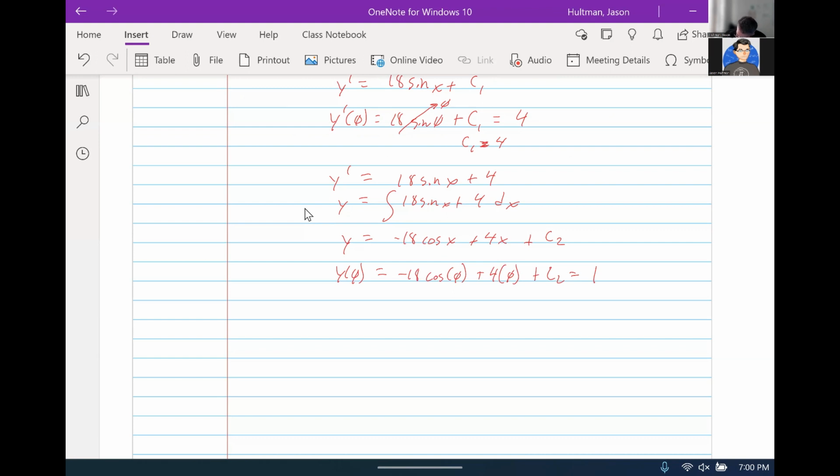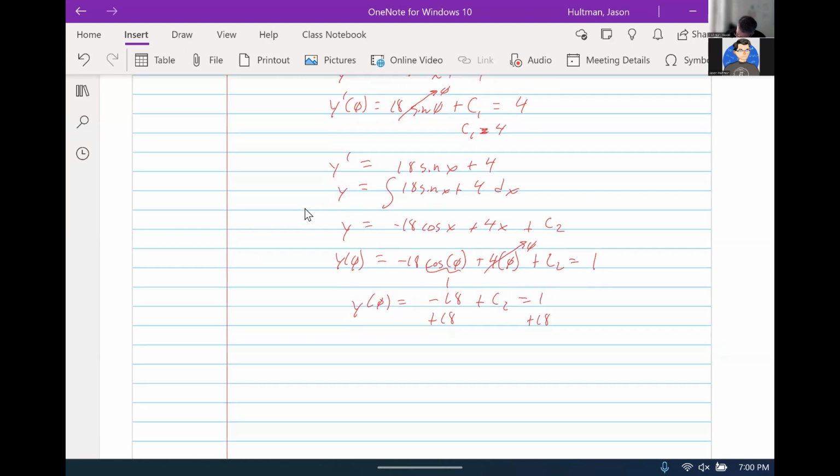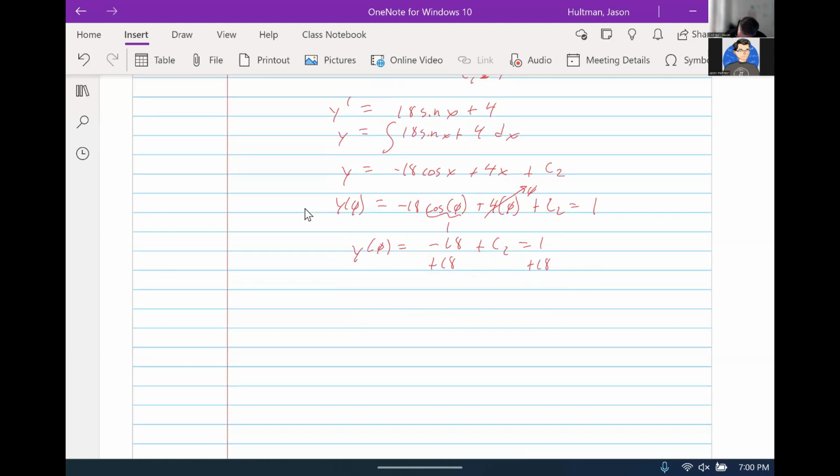Okay, and so this goes to 0. Cosine 0 goes to 1, and so y of 0 is equal to negative 18 plus c2 is equal to 1. If I add 18 to both sides, I should get 19. So c2 is equal to 19. And so my final solution, I'm going to bring this down and replace the c2.